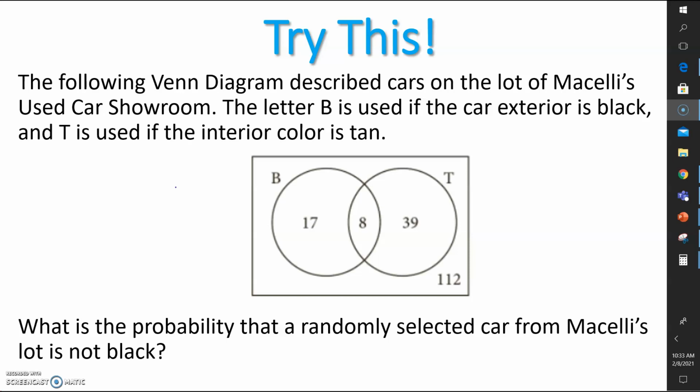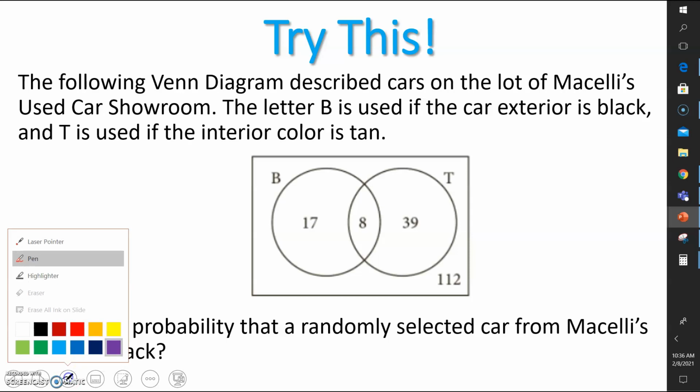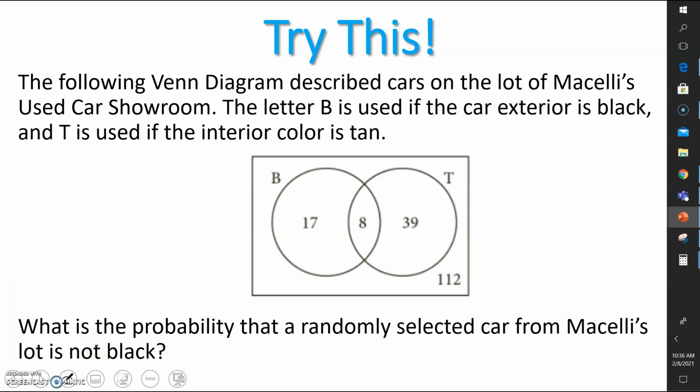Give it a try. All right, so just a quick piece of advice before you get into practicing this problem. A notation that I need to introduce is the not notation. If you want to know the probability that something does not occur, we use the notation probability of, for example, let's say I wanted the probability of a car not having a tan interior.